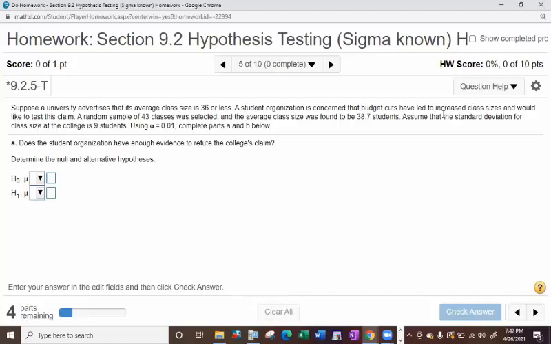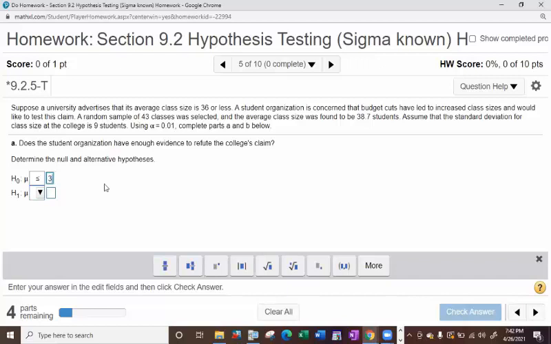Now, we've got to think about what symbol goes with this. 36 or less is not the same as less than 36. I think that means less than or equal to. What do you think? We'll find out.